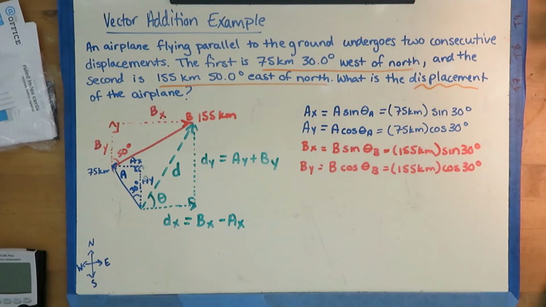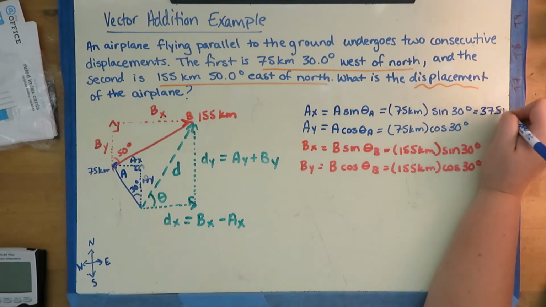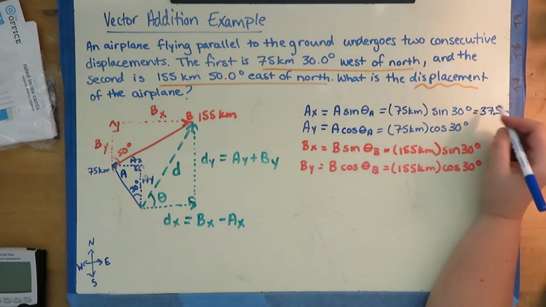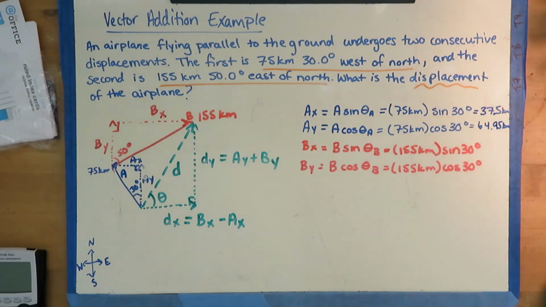And if you calculate those out, AX is going to be about 37.5 kilometers. AY is 64.95 kilometers. I'm going to keep that extra decimal for now.